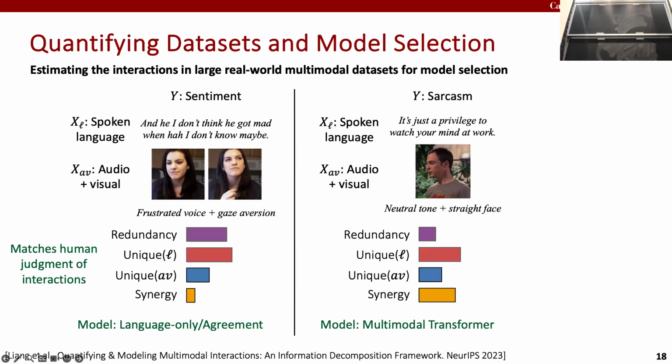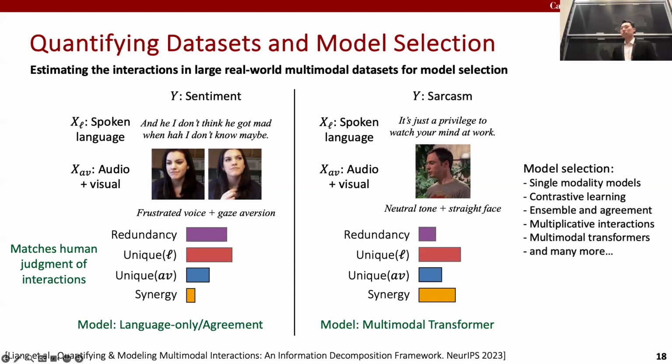Okay. Sure. And because of the synergy, we can propose using a multimodal transformer to capture these synergistic interactions. I'll cover this model in more detail in the second part of the talk. And again, just to give a little bit more context about model selection, we can actually use this method to choose between many different multimodal models. Models that use only a single modality in either one. Models that are based on contrastive learning, models that are based on multiplicative interactions, and even other forms of higher order interactions like transformers.